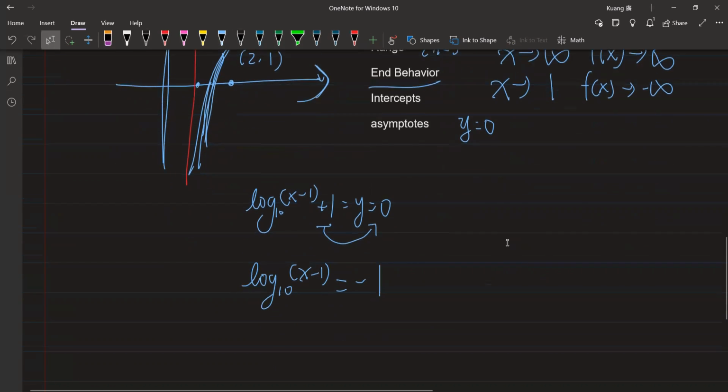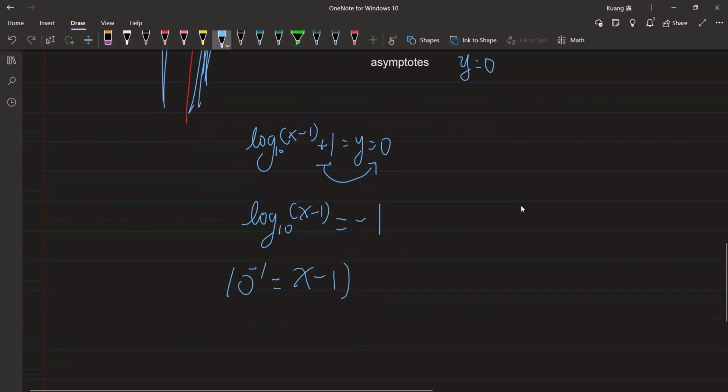Next step, I convert the log into the form we like. That would be 10 to the power negative 1 equals x minus 1. What is 10 to the power negative 1?